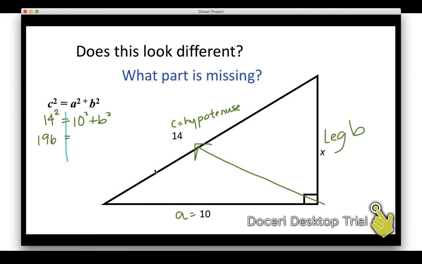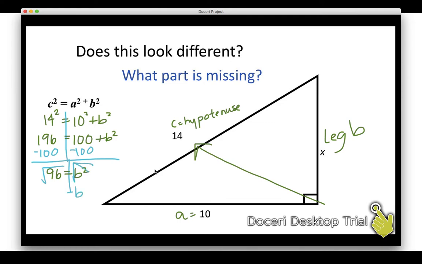196 is equal to 10 squared, which is 100, plus B squared. Okay, this is just an equation, so I'm going to subtract 100 from both sides, and I get 96 is equal to B squared. I still have to do the square root of both sides to get B by itself so that these cancel out.